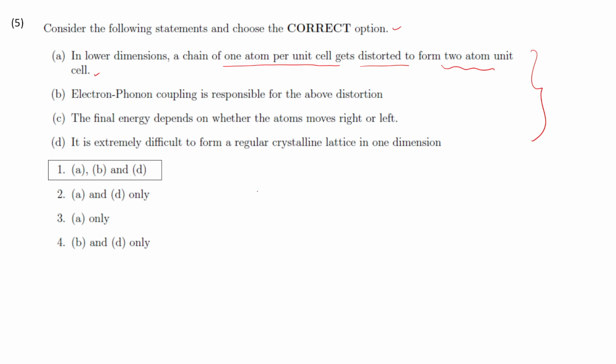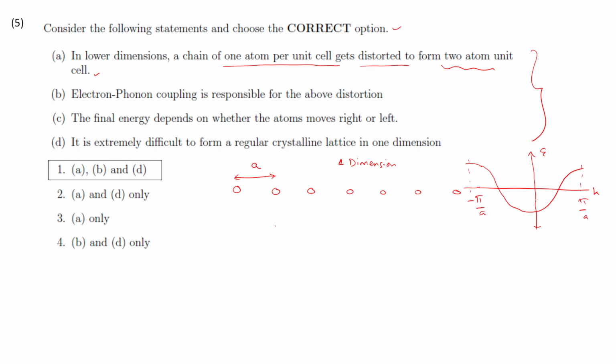What it is saying is, suppose in lower dimensions, let us say one dimension, this particular case will have a certain dispersion relation, and this thing is your a, and it will have a certain energy. This is pi by a, and this is minus pi by a.